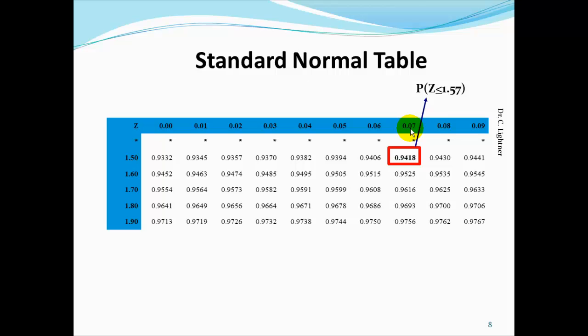Wherever this row and this column meet, it will provide the area under the curve to the left of that z-score. And so these two values meet at the area 0.9418. Therefore, the probability that z is less than or equal to 1.57 is equal to 0.9418.